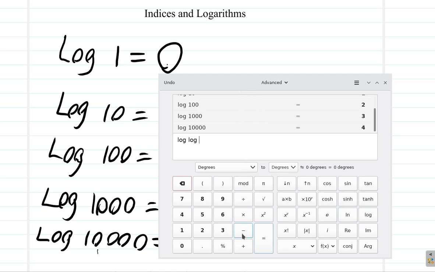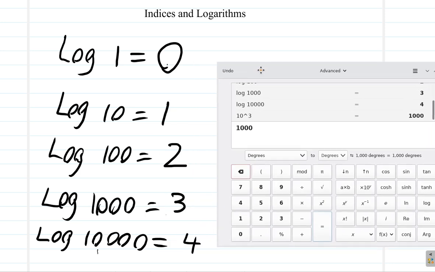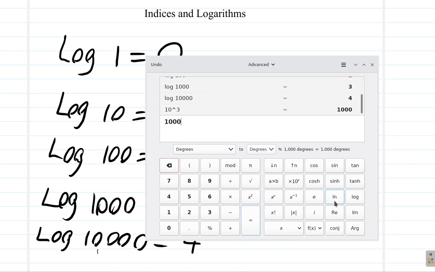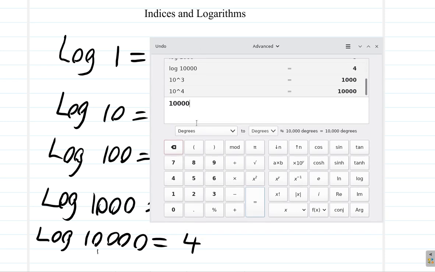Now, if I have 10 to the power of 3, I get 1000. 10 to the power of 3 is 1000. 10 to the power of 4 equals 10,000.